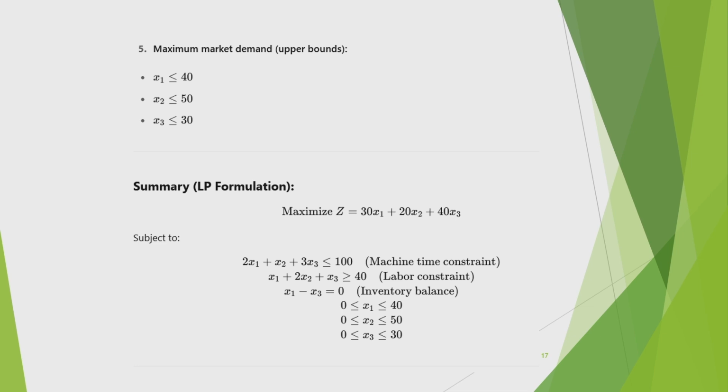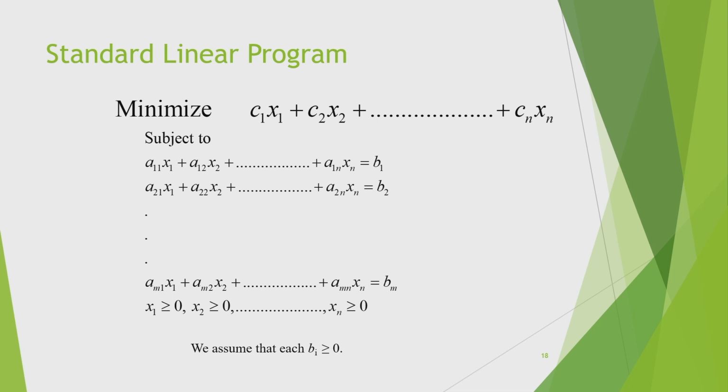So we will understand more such things in later classes, but in the standard form a linear program is written like this: minimize this, subject to this equal to this, and we have only equality type constraints. So if there is an inequality, what can we do? We can add some additional variables.